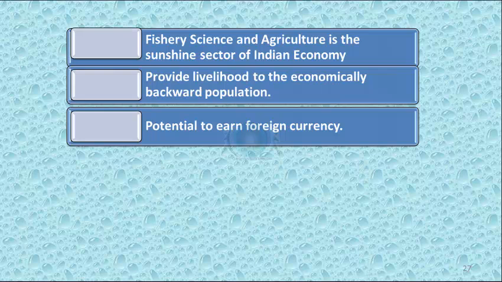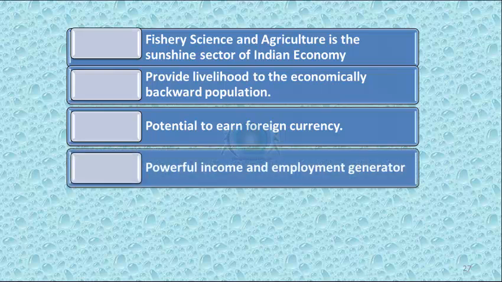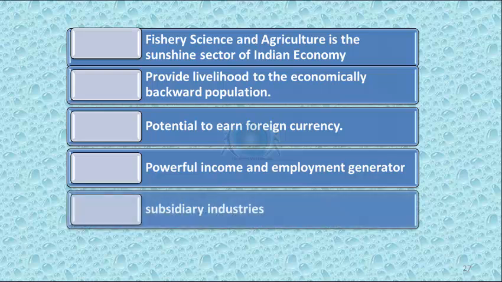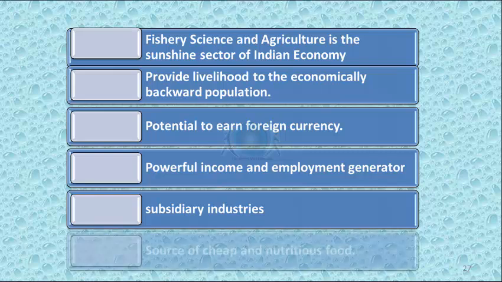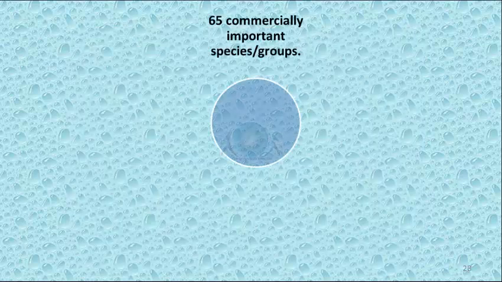It has been recognized as a powerful income and employment generator as it stimulates growth of a number of subsidiary industries, and it is a source of cheap and nutritious food, besides being a source of foreign exchange, as said before. The marine fish harvested in India consists of about 65 commercially important species or groups.